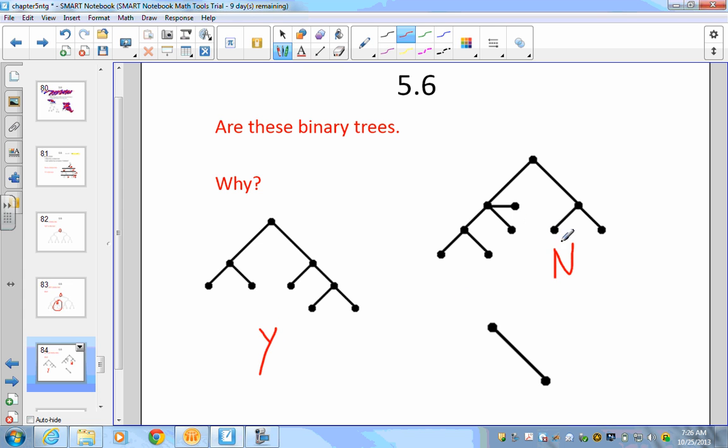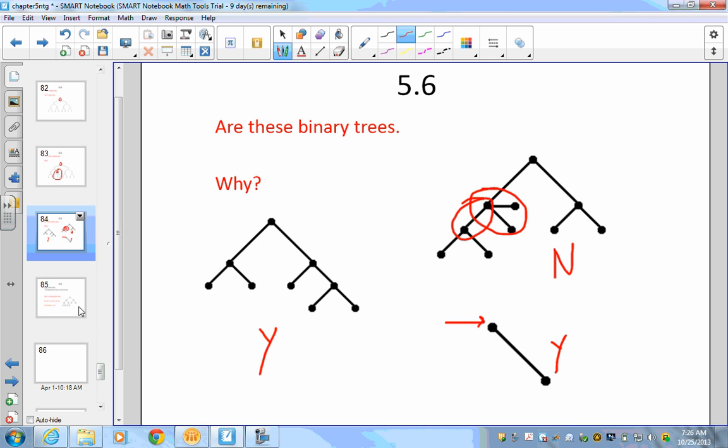This is not a binary tree because this parent has three kids. And I forgot to circle one kid. That's three kids. This actually can be considered a binary tree if you determine this to be a root. So I'm going to say this is a yes, but if this wasn't considered a root, then the answer would be no. But for right now, we're going to call this a yes.